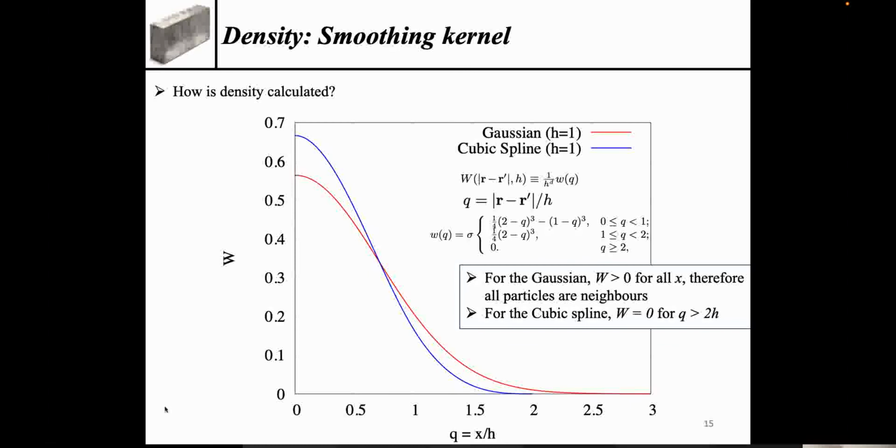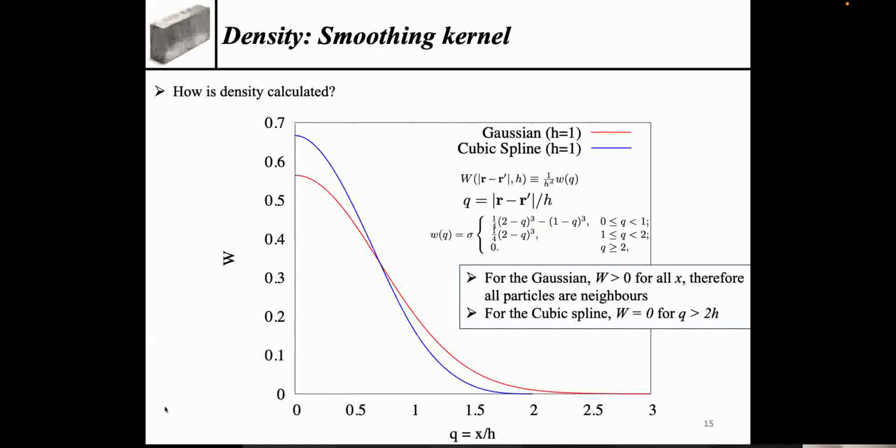So now suddenly, rather than having to care about all the particles in your domain, we just have to care about the few that are within 2h of you. This will make your methods a lot more efficient. So we've now realized how we can place our particles, and we now know that we want a compact support kernel with a smoothing length, rather than a Gaussian function.